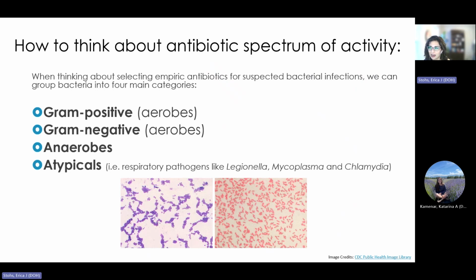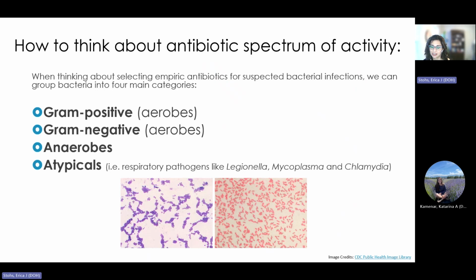And we want to divide bacteria into 4 categories. And these are going to be gram-positive and gram-negative. And when we say that, we're really referring to aerobes, and those are bacteria that require oxygen. And these are ones you have heard of commonly. When we say gram, this is referring to gram staining.